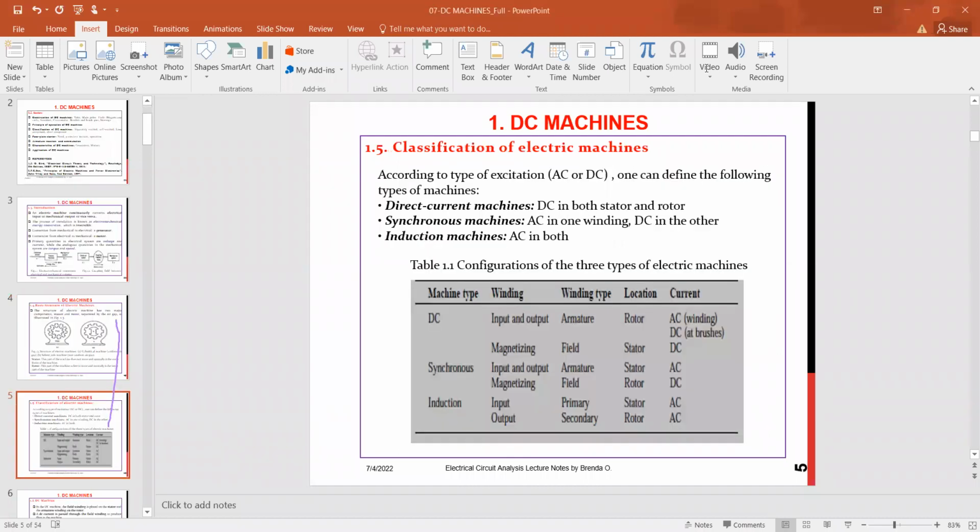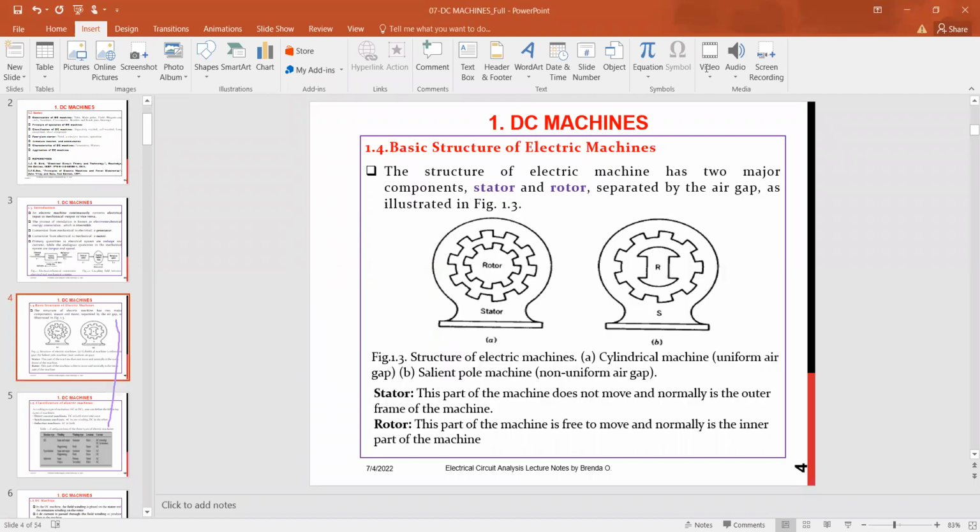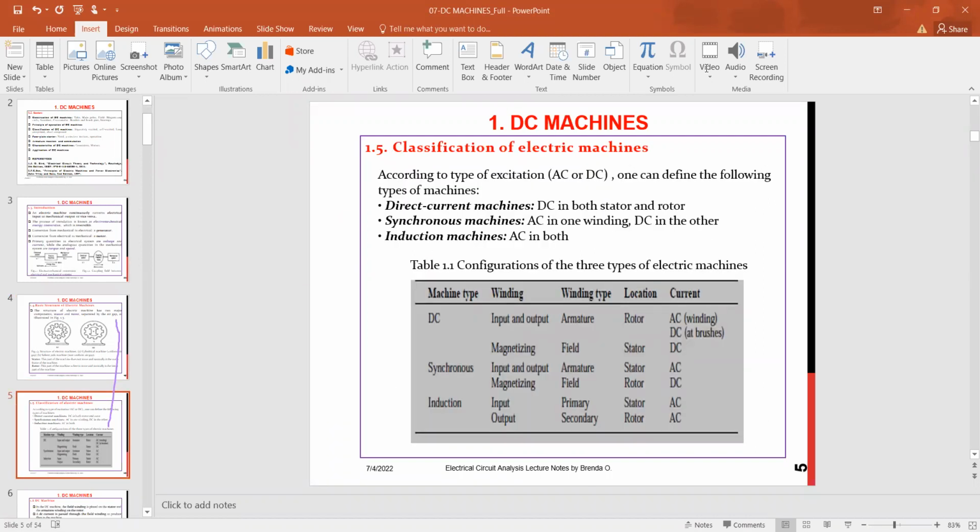We have the classification of electrical machines. When you classify electrical machines, you can classify them into three. We have direct current machines, which have DC in both the stator and the rotor.